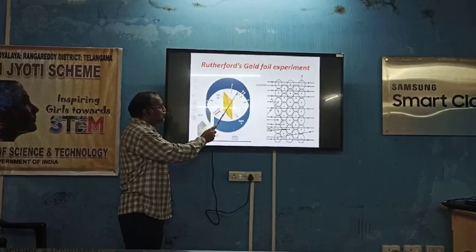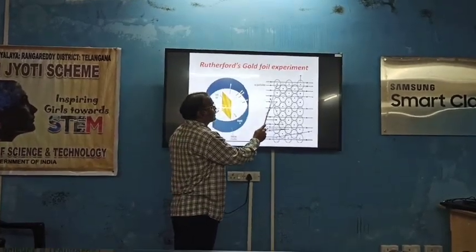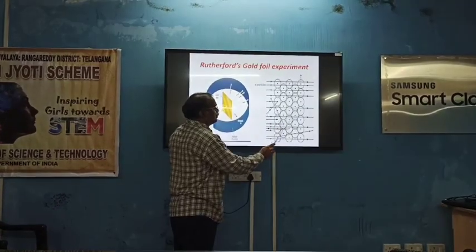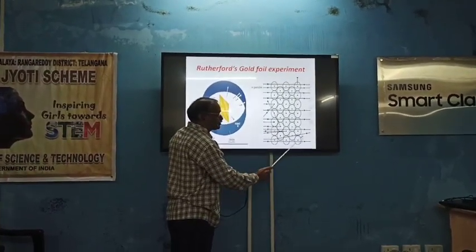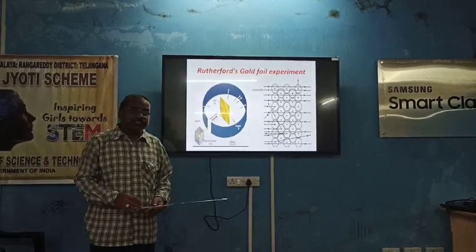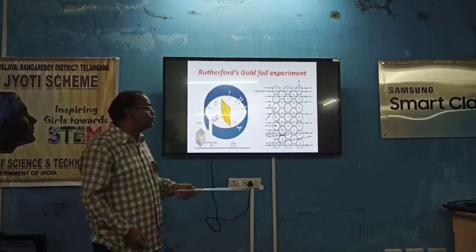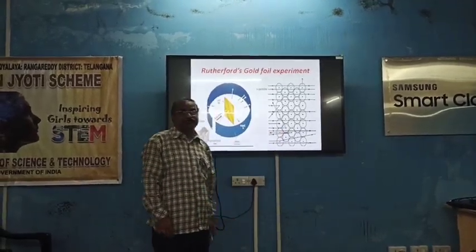Most of the particles are passing through the gold foil without showing any deflection. First observation: most of the particles pass straight through the atoms.